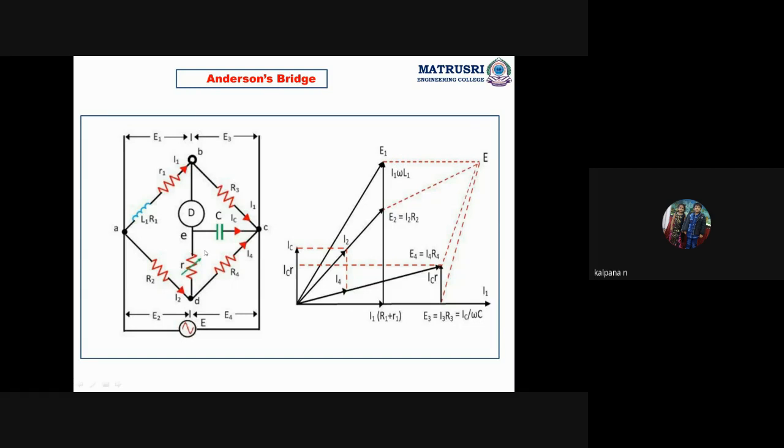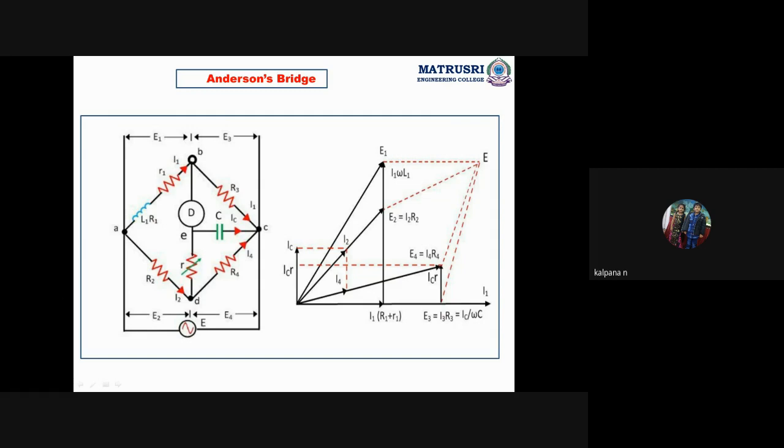Then how can we find the balance equation? By forming the loops. To balance any bridge, the first condition is that the current flowing through the detector should be zero, and the second condition is that the potential difference across the BE terminal is zero.